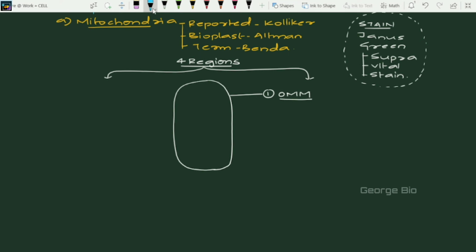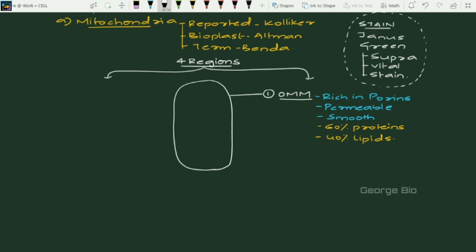This outer mitochondrial membrane is rich in porins. As it is rich in porins, it is permeable in nature. And it is smooth in texture. It does not have any infoldings, due to which it is smooth in texture. It consists of 60% proteins and 40% lipids.